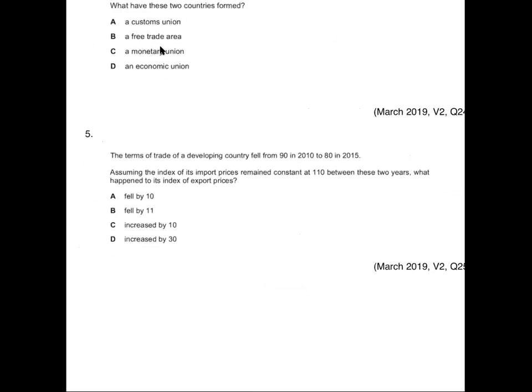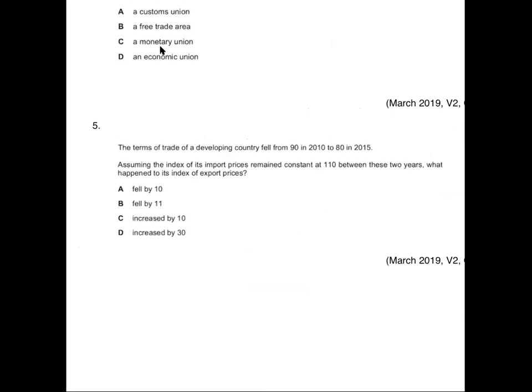The terms of trade in a developing country fell from 90 to 80 in 2015. Assuming that the index of its import prices remained at 110. So PM is this.